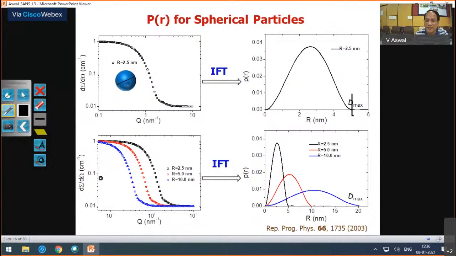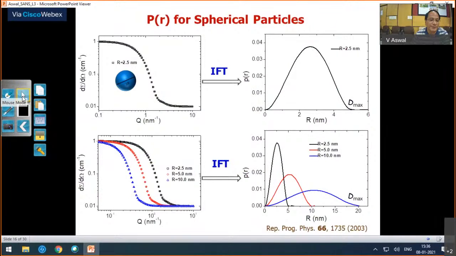So the width is decreased for higher size, and then the corresponding P of R looks like this. You can see for the larger size, 10 nanometer, the extent of P of R goes up to 20 nanometer, and these are different for different sizes. So you can differentiate different sizes of the particle by measuring P of R.